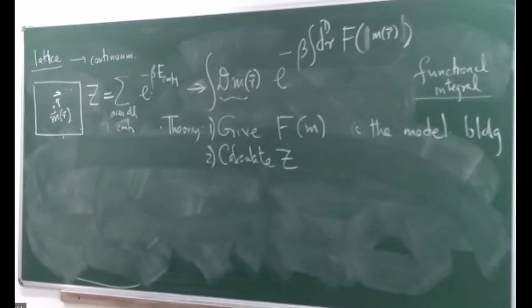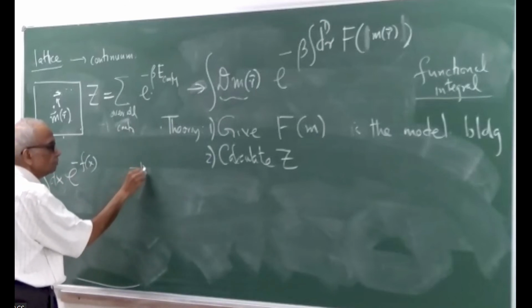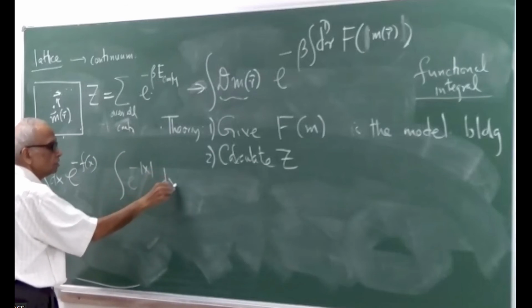Well, let's try and see how to do this. All that you know how to do with e to the power something, forget this. E to the power some f of x, and I have to do this integral. Well, if it is e to the power mod x, good.